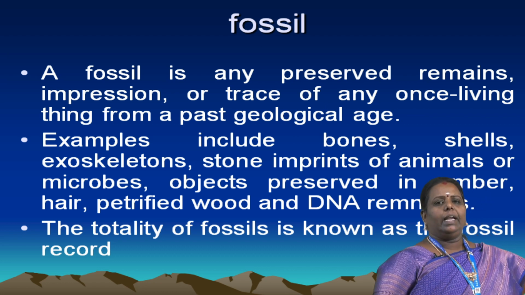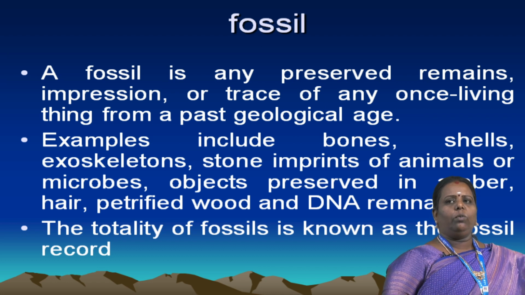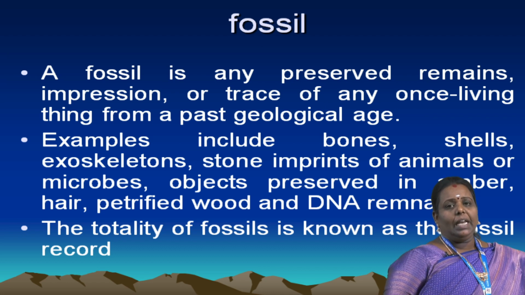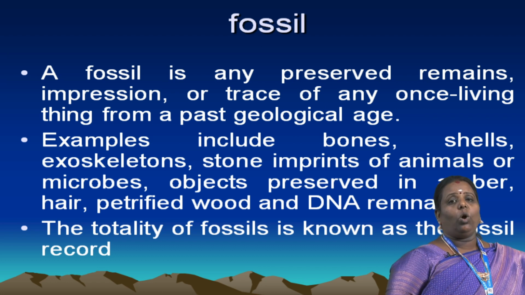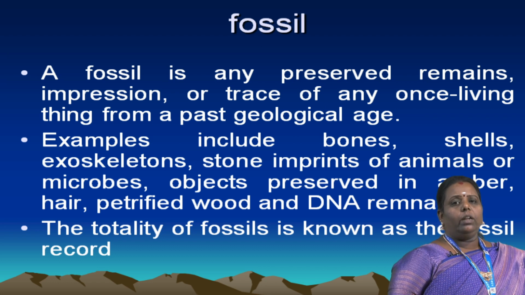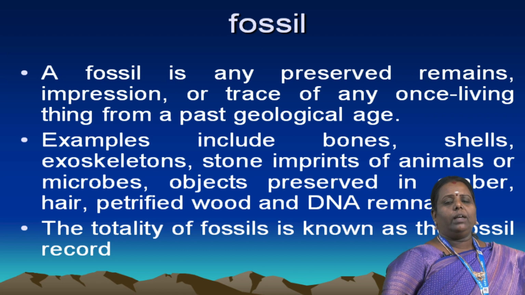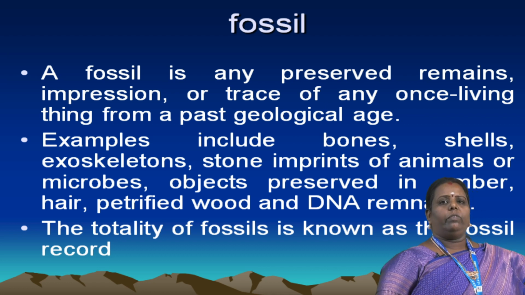A fossil is any preserved remains, impression, or trace of an organism, mainly a living organism. It also explains the geological age of that organism; that is called a fossil. When we know about a fossil, at the same time we have to know its age, which regions, which place, and which time it lived in the world. That is very important for fossils.